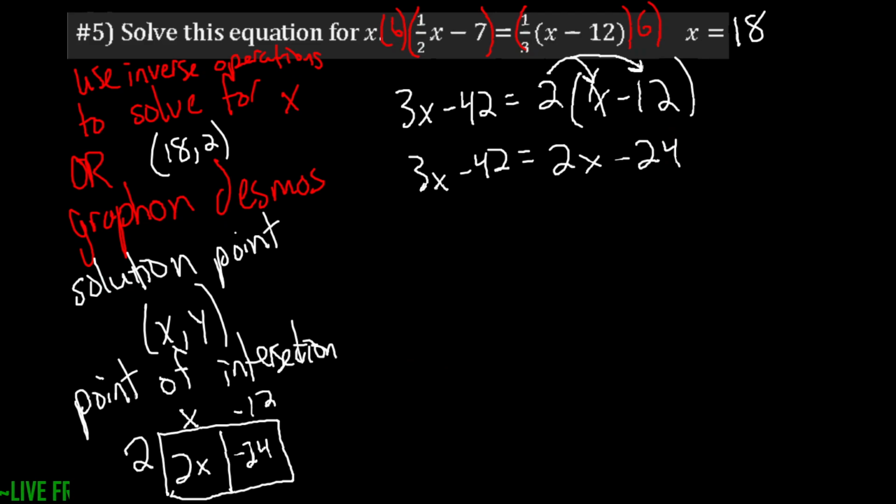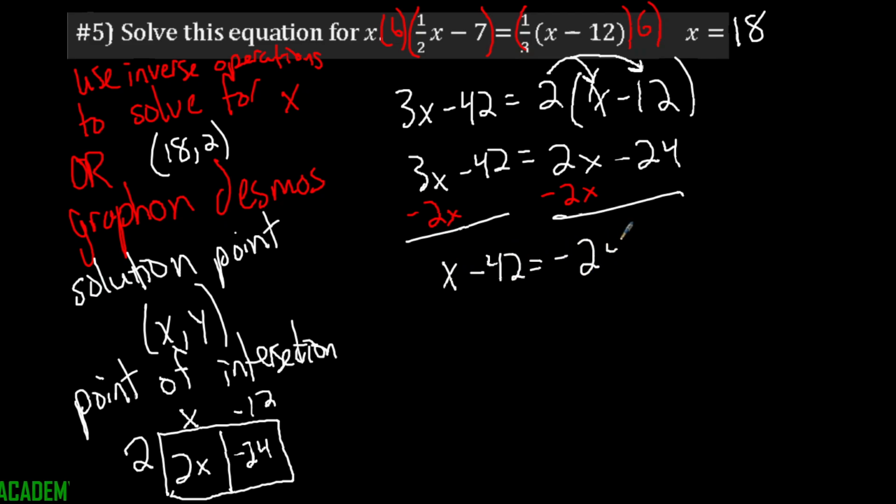Now we need to get the x's on one side, so I'm going to subtract 2x because that is the lower coefficient out of those two options. So I subtract 2x from both sides. My left side is just x minus 42, and my right side is just negative 24. Last step, use those inverse operations, add 42 to both sides, and we get x equals 18.